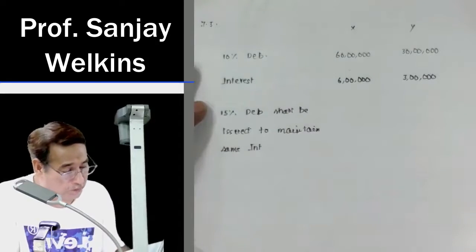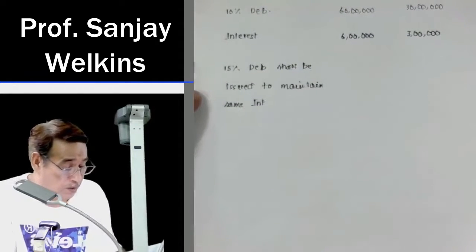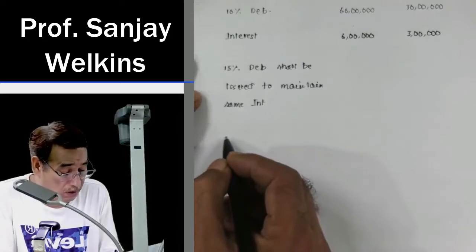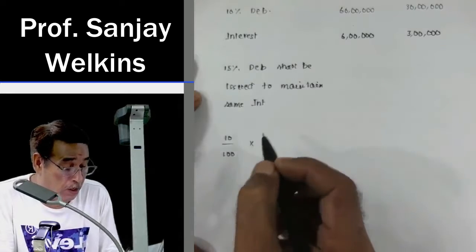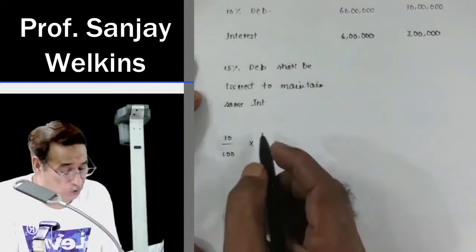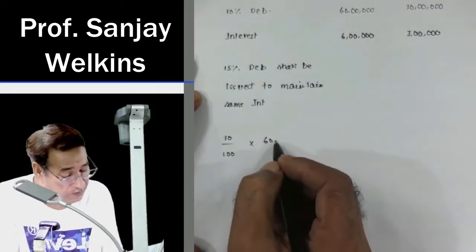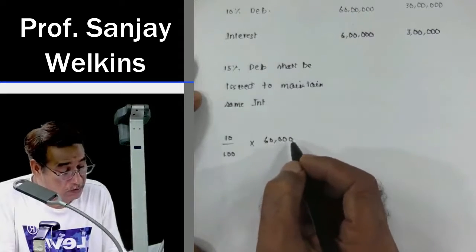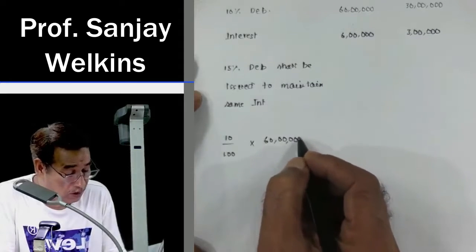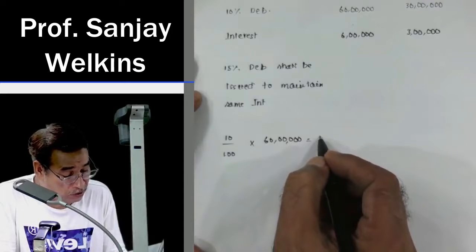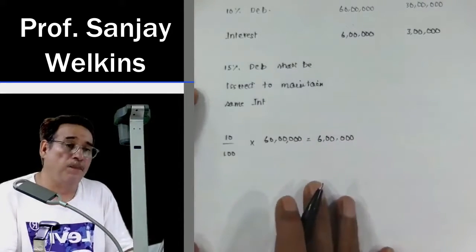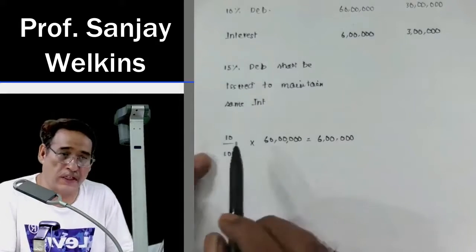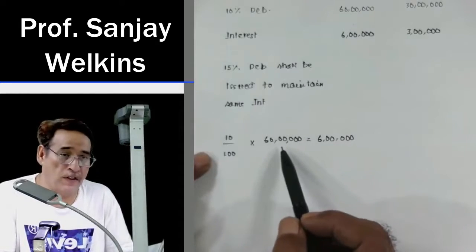So how can we compute that? See here, we know when the rate of interest is 10% and the amount of debenture is 60 lakhs, I'm talking about X Limited, then interest is equal to 6 lakhs.